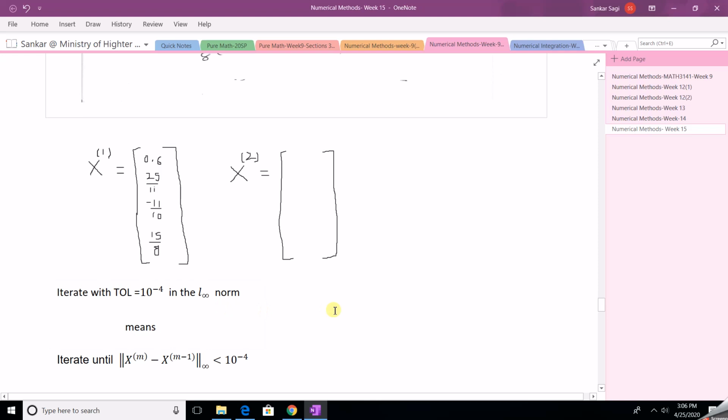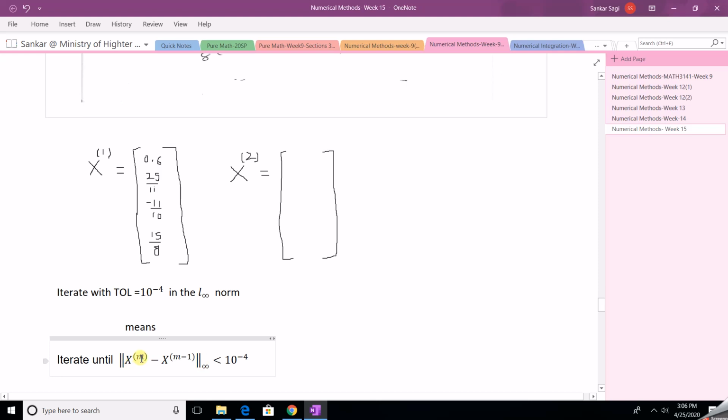In the previous lectures we have seen the definition of the L infinity norm. So here TOL is tolerance, and the tolerance is given as 10⁻⁴.